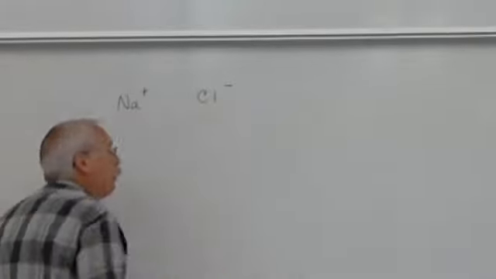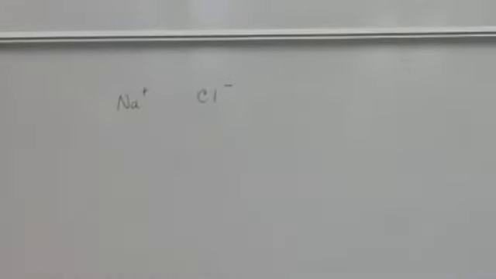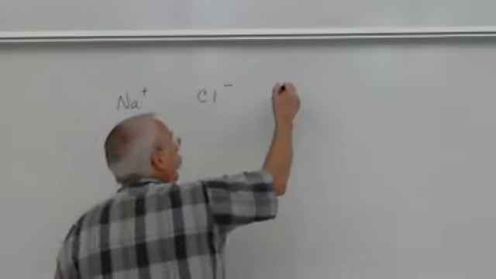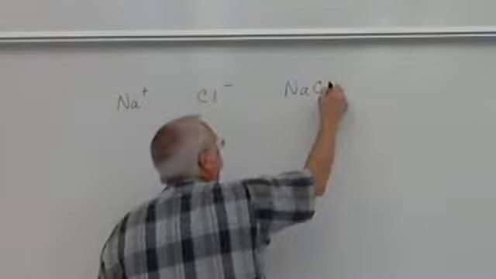Chlorine would always be a -1. Now what I do is I take a look and say, how many of these do I need to put together so that I'm matching the positives with the negatives? I'm trying to get a total charge of 0 by summing them up. Or another way to say that is an equal number of positives and an equal number of negative charges. In this case, it's a 1-to-1, so it's perfect, and it becomes NaCl.